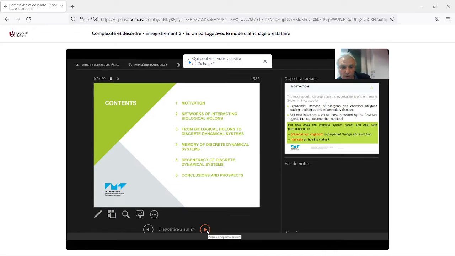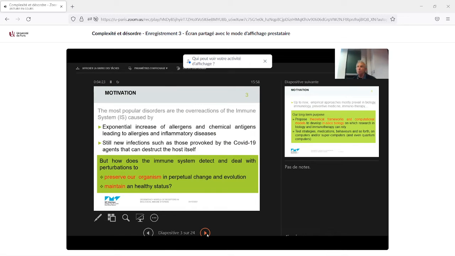Okay, so our motivation is very simple, in fact. We are struck by the fact that the immune system is capable of detecting and dealing with perturbations while preserving our organism and while maintaining our health status.